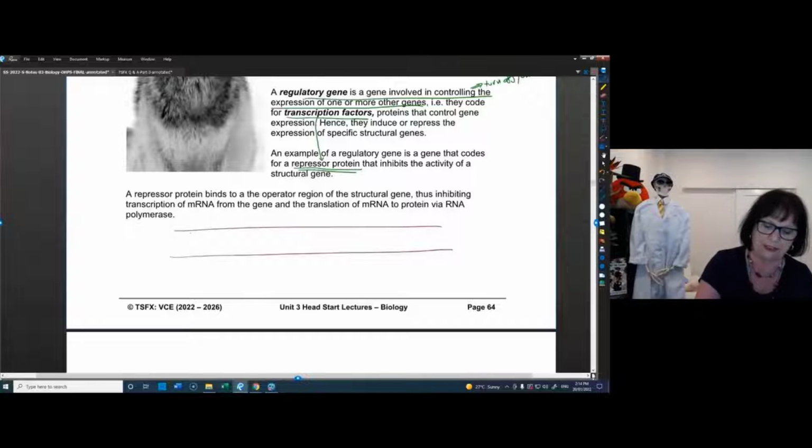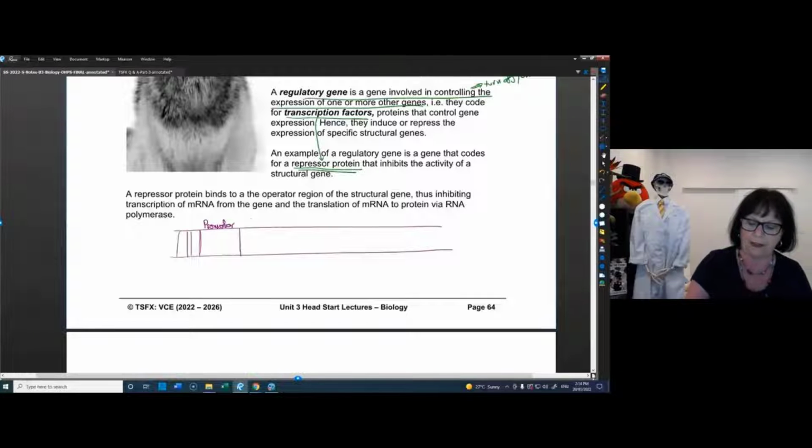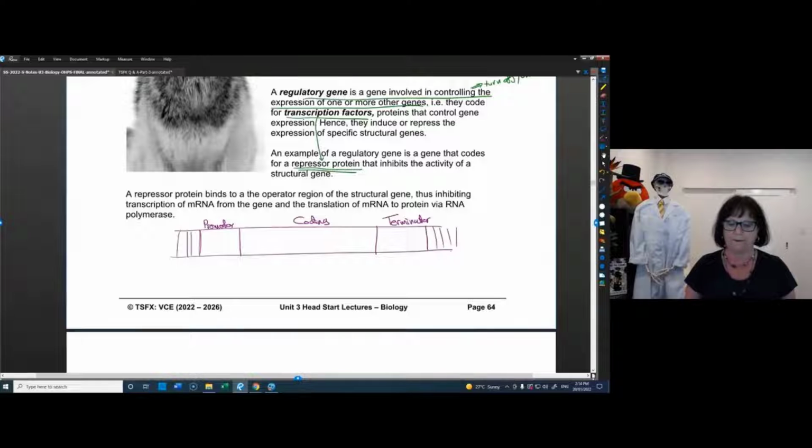This is a piece of DNA, and we have a section of the DNA called the promoter region. And then we have the coding region. And then we have the terminator region. And then we have the rest of the DNA.